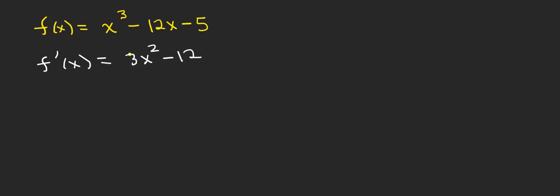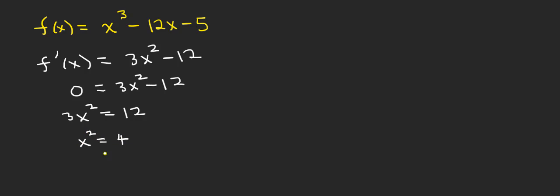Since this is a polynomial, it will be defined everywhere. And we need to find when 3x squared minus 12 is equal to 0. So 3x squared equals 12, so x squared is equal to 4, so we get x equals positive negative 2.